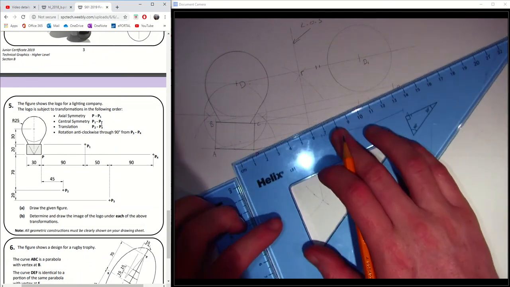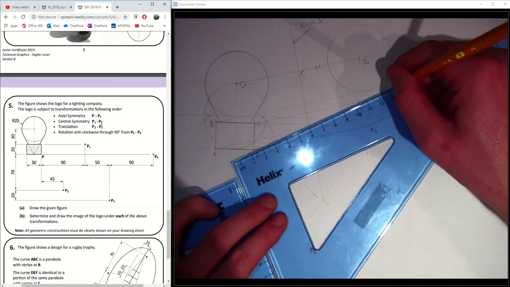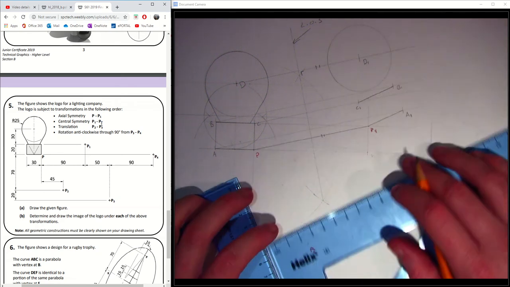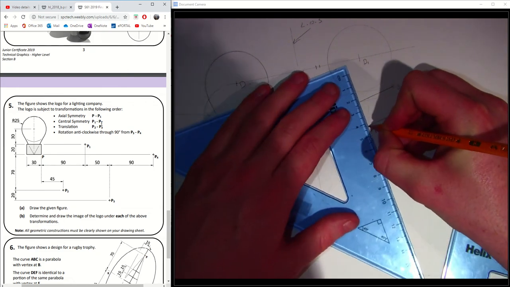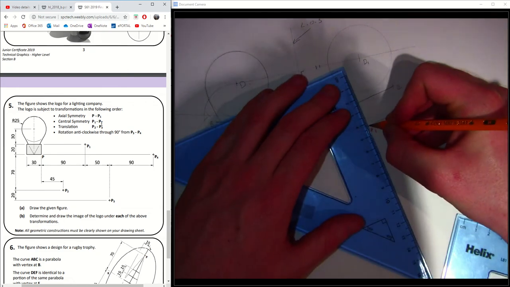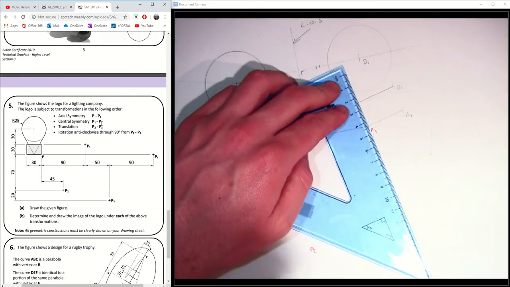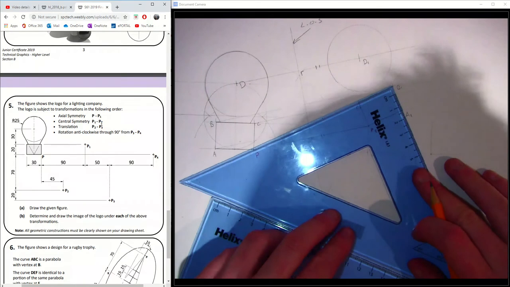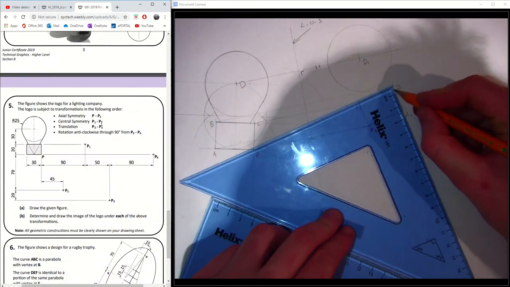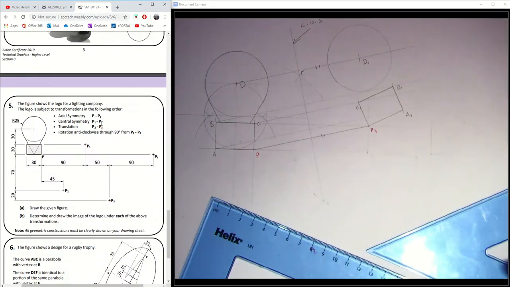Okay, and that's going to get me this line. So P joins to C, so P and C join together. And these are parallel, so the next line is parallel as well, so I'm going to join these 2 points, A and B. Okay, and you see my points are all matching up perfectly.